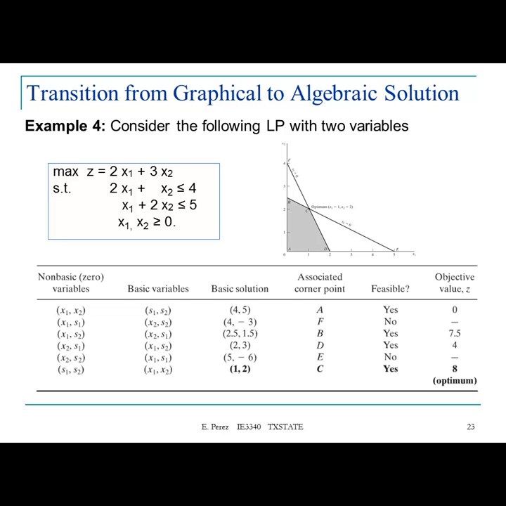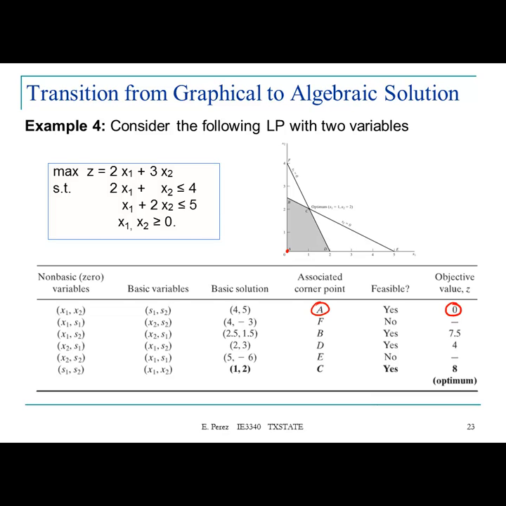The basic solution is 4, 5, and the associated point in which you have x1 and x2 equal to 0 corresponds to this point, which is A. And is this feasible? Yes. It's part of the feasible region. The objective function value for that point, x1 equals 0, x2 equals 0, is 0. Okay, so we have A here, and the objective value for A is 0.